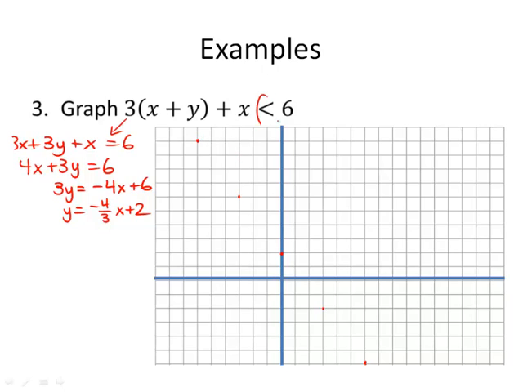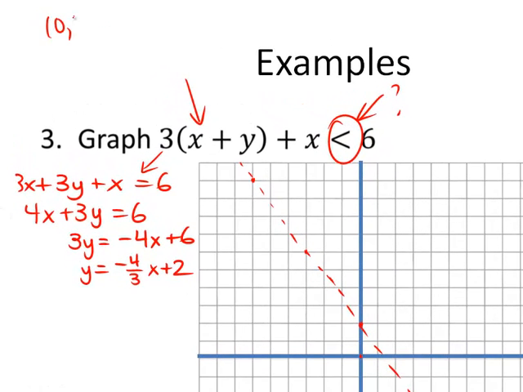Now, what kind of boundary is this? Well, it's not including the boundary, so we need to draw a dotted line. Now we can choose which side of the dotted line to shade in. Let's choose 0, 0 because that's just such an easy point to calculate with. You can plug it into the original equation.